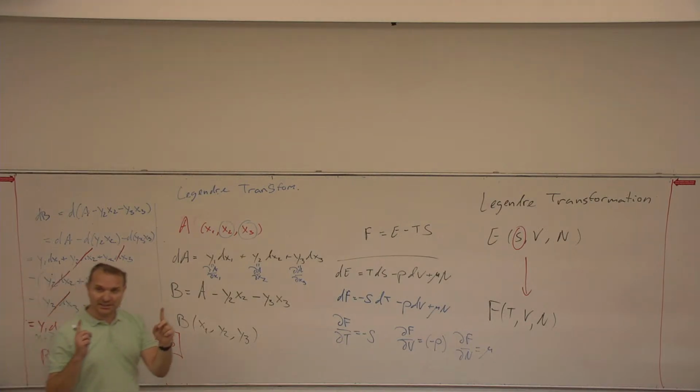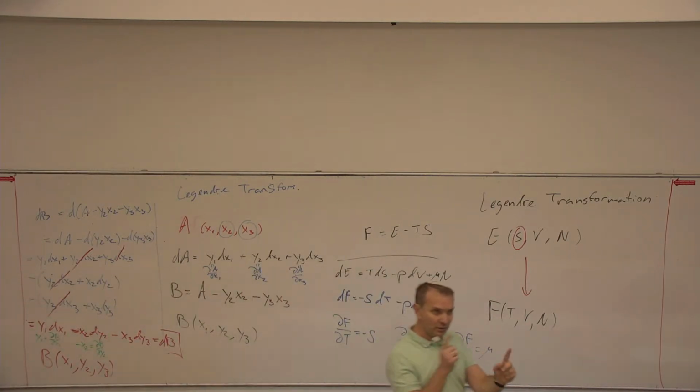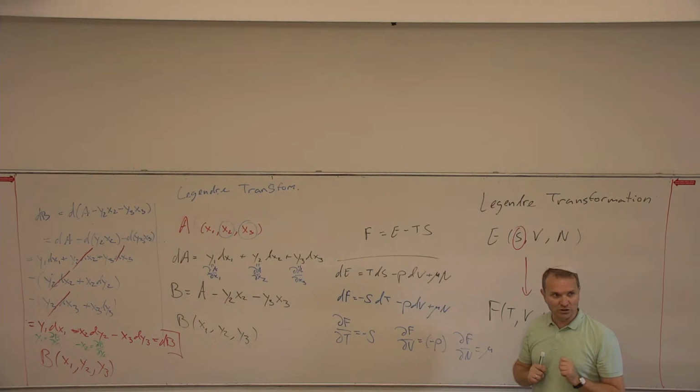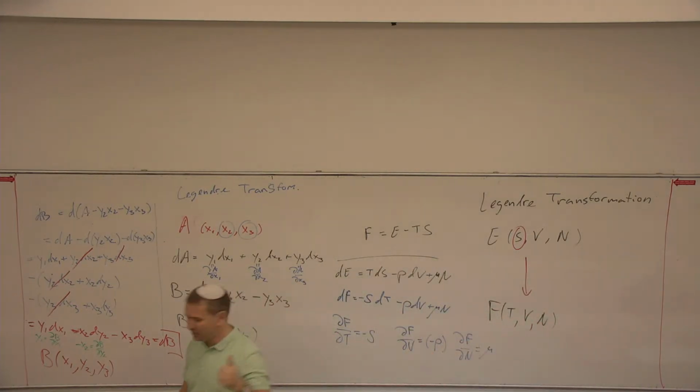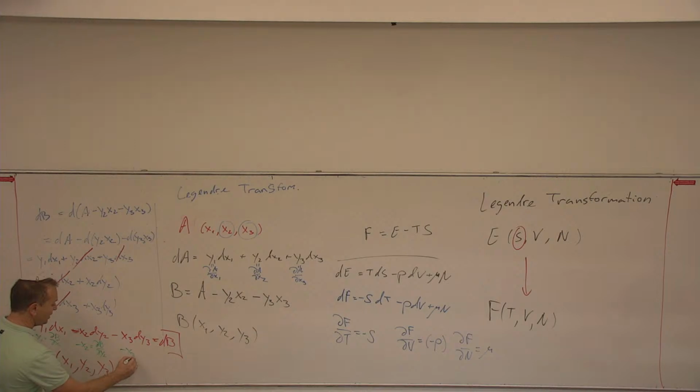So the sign of the derivative is interchanged. If it was plus before, it's going to be minus after the Legendre transformation. The same goes for minus x3, so minus x3 equals dB/dy3.